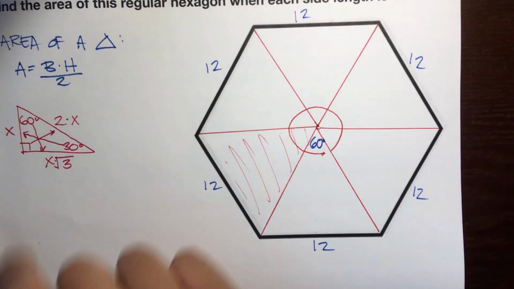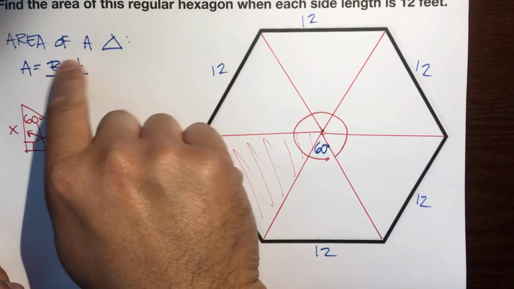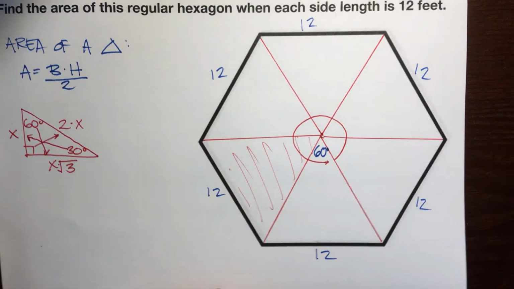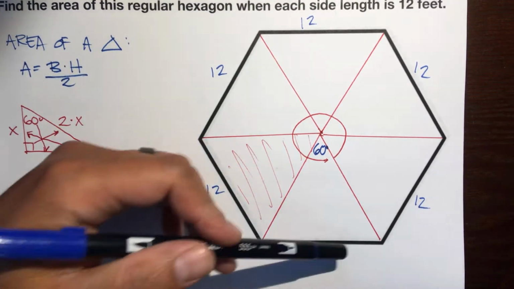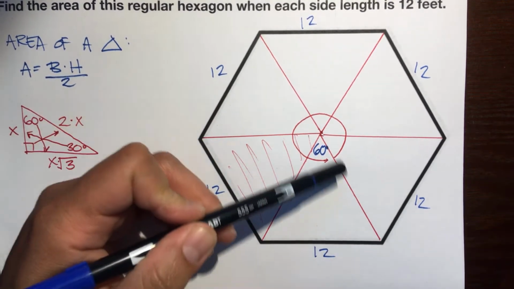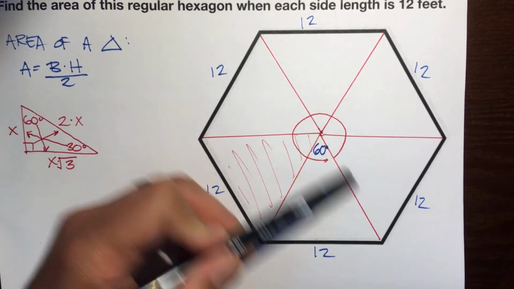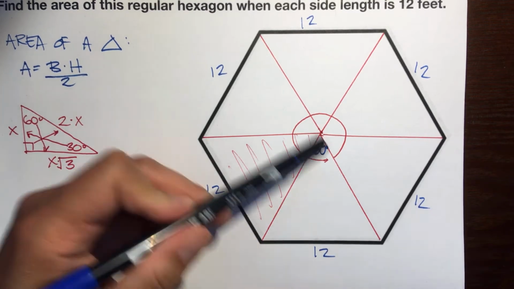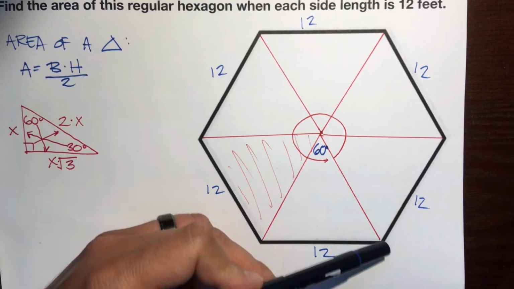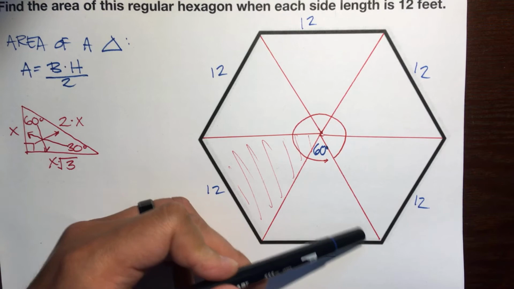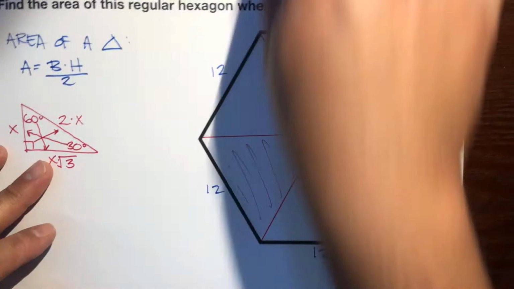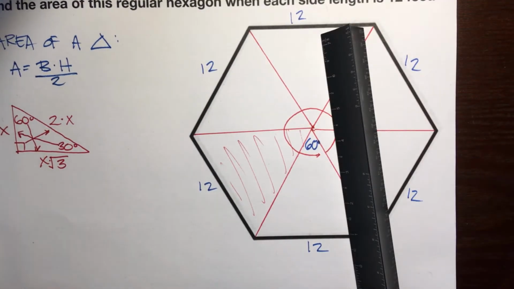But remember, the base and the height are always perpendicular. That means they make 90-degree angles. So this line and this line are not perpendicular because they don't make a 90-degree angle. This right here is not 90 degrees, but we can always draw one.